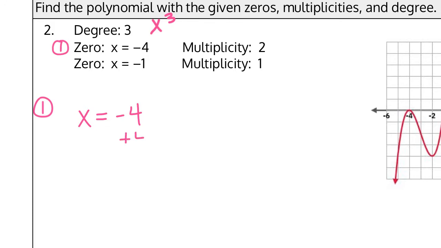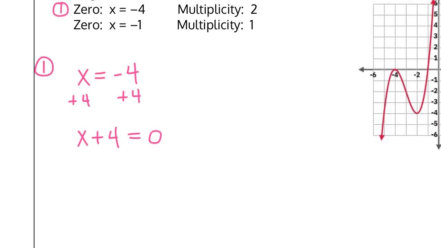So I'm going to add 4 to both sides. That gives me x plus 4 equals 0. So my factor in this case is just x plus 4. Now the problem said that it has a multiplicity of 2. That just means that my factor is going to be squared. That comes from the multiplicity.